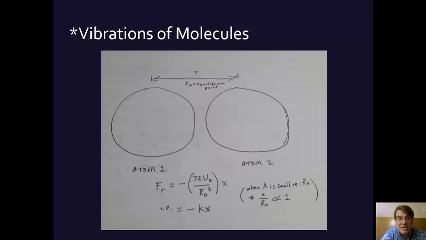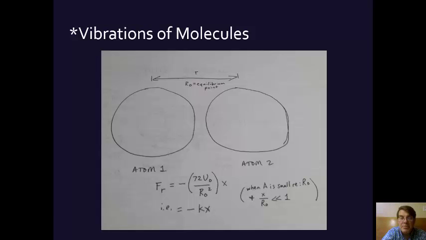Well, basically he says, look, since 72 U0 over R0 squared is basically a constant, more or less this is in the form of F equals negative kx.